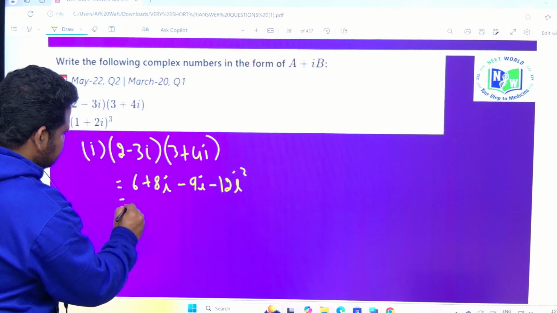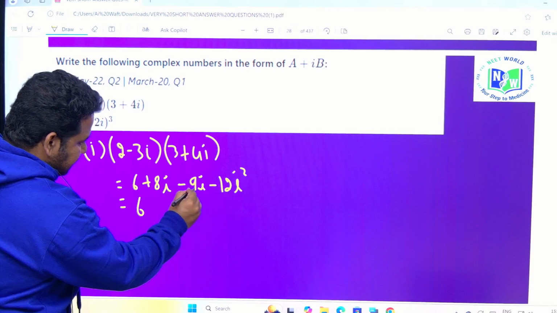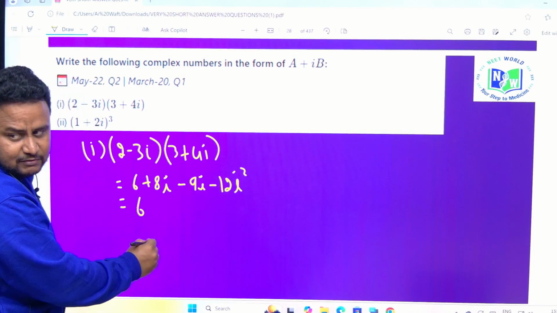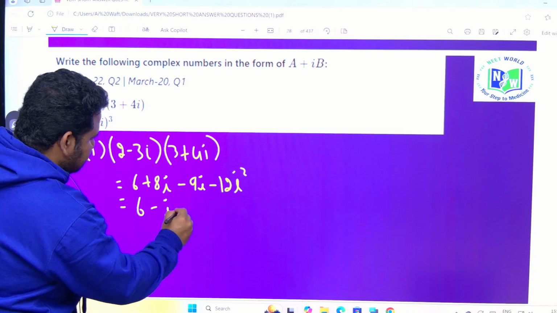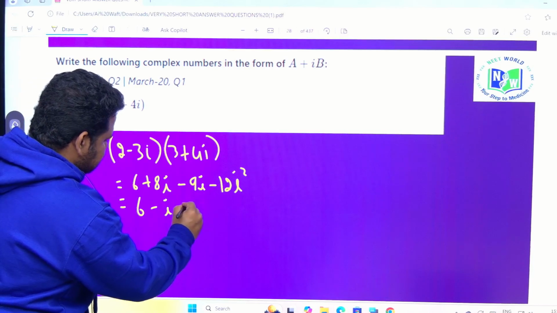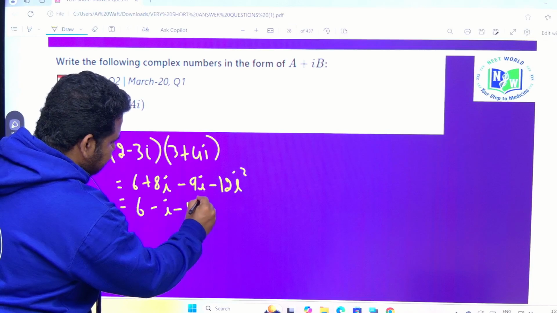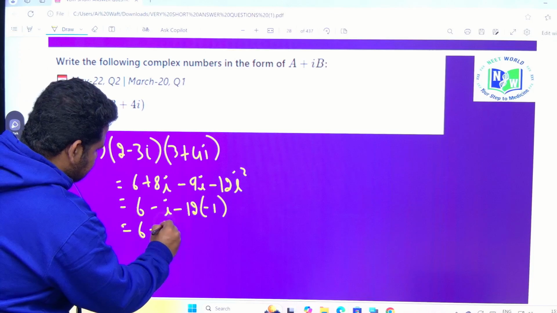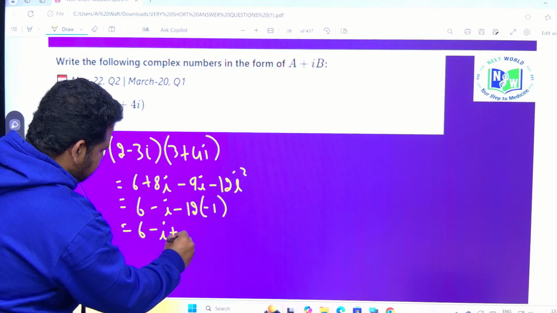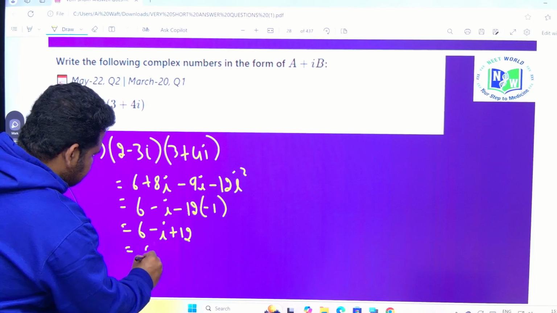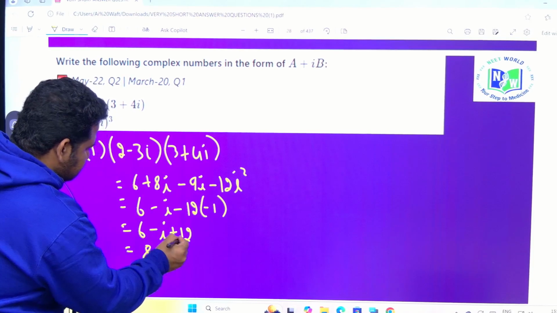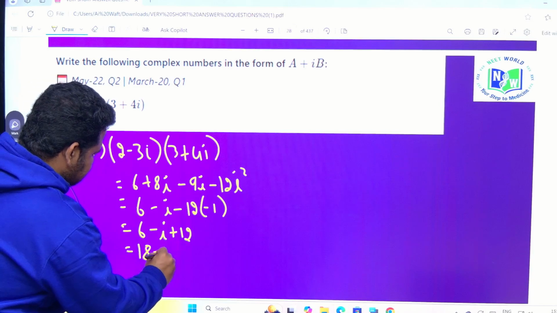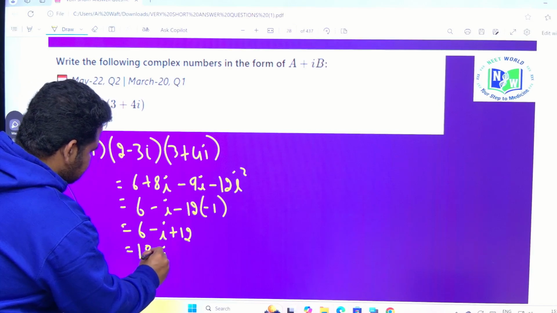So 6 plus 8i minus 9i minus 12 i square. The value of i square is minus 1, so this will be equal to 6 minus i, minus into minus is plus 12. 12 plus 6 is 18 minus i. This is the value.